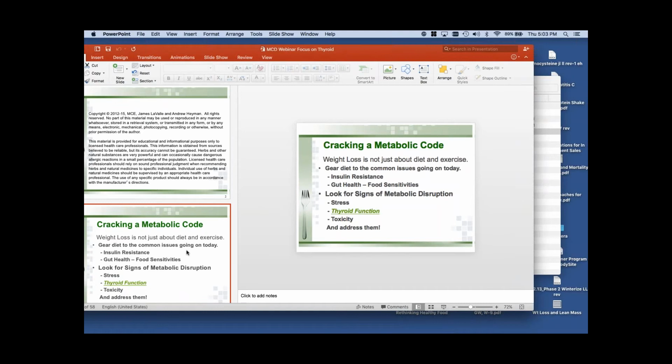But it can be used for many different types of conditions and just for optimizing health in somebody who doesn't necessarily have a condition.